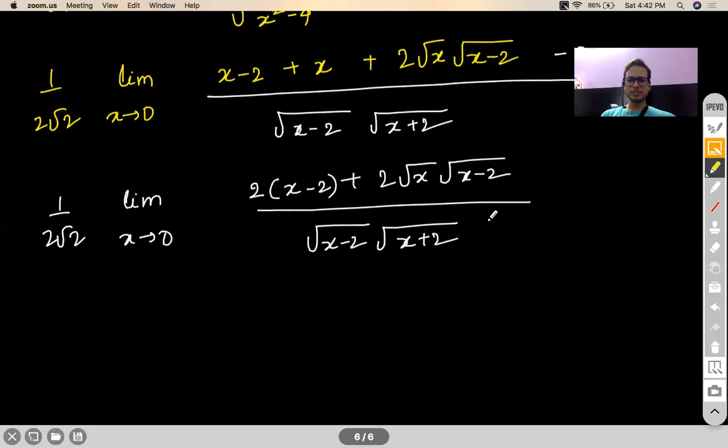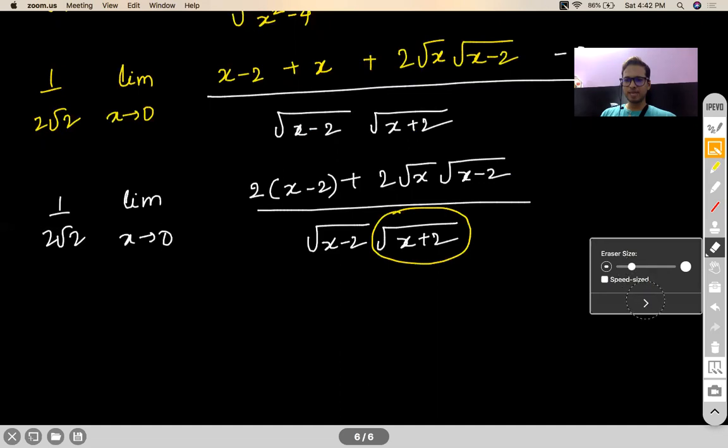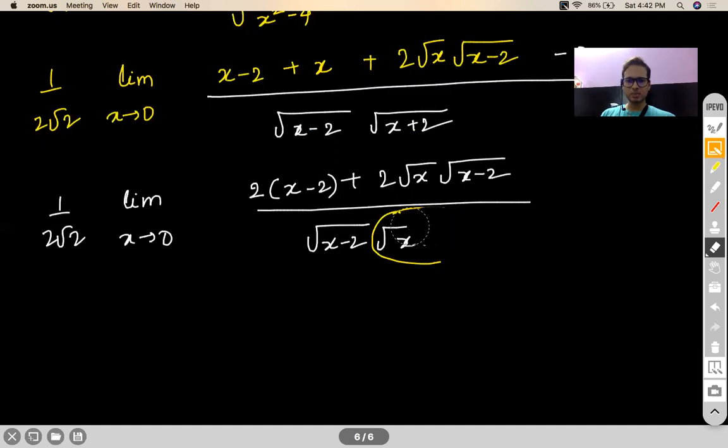Now root of x plus 2 is a harmless term, so why unnecessarily keep it in the limit process. So I'll put the value and take it outside. When I put it here, I end up getting root 2. So I'll take the root 2 outside. So root 2 and root 2 here will become a 2, so this will become a 4.